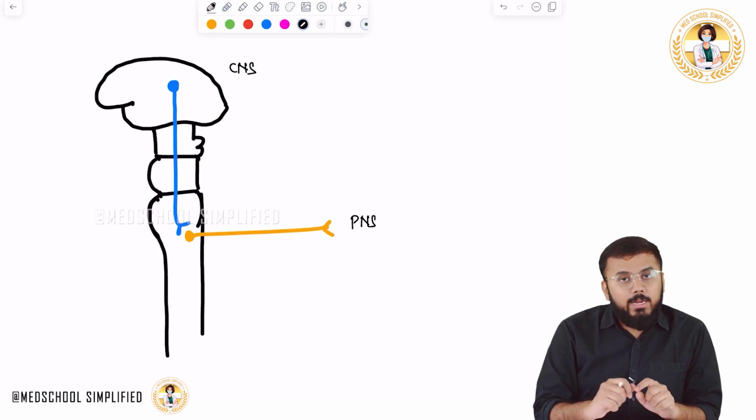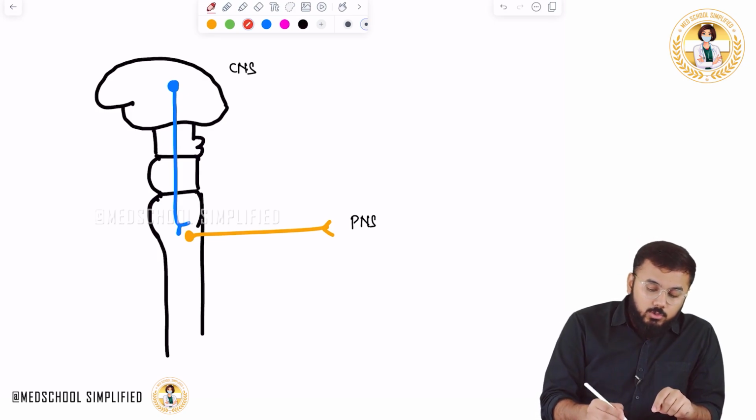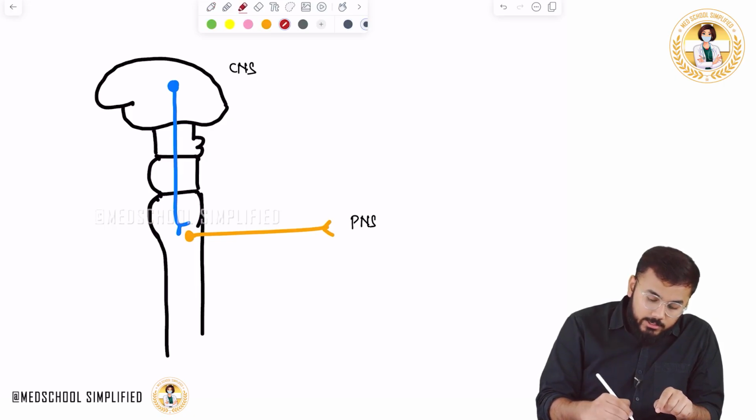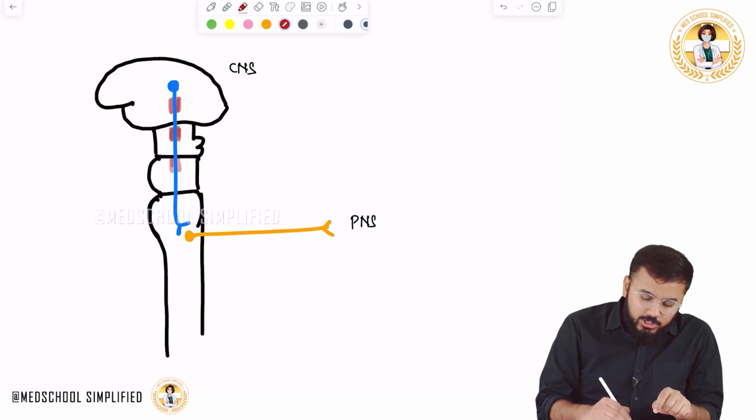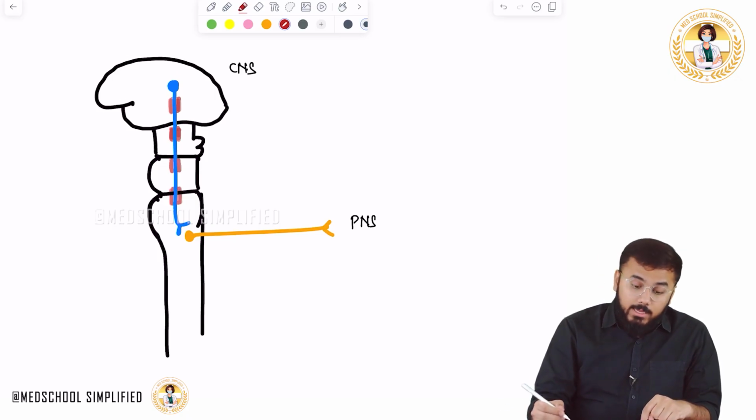Now, if you look at the central nervous system neurons, surrounding these neurons there is a sheath-like thing on either side. So what is this sheath which I'm drawing right now? This sheath is called your myelin sheath.